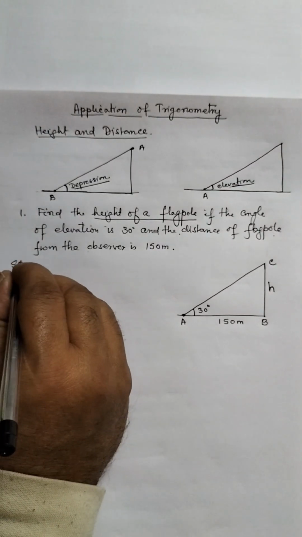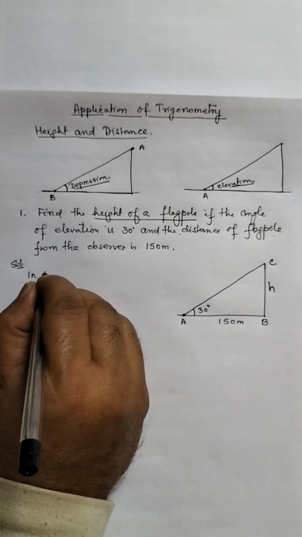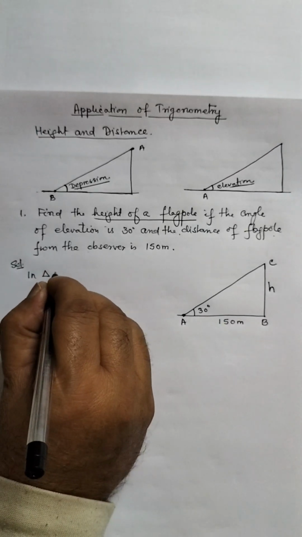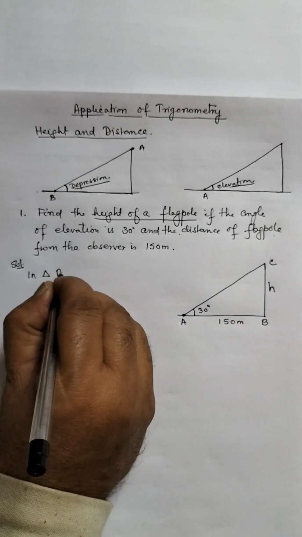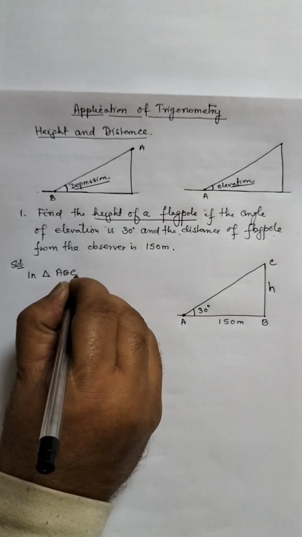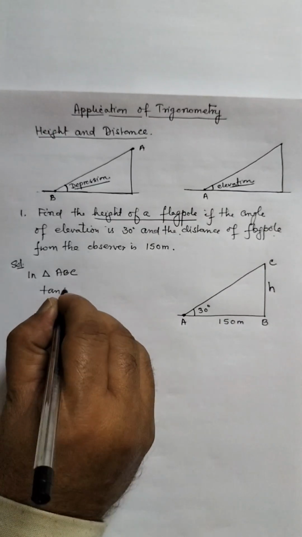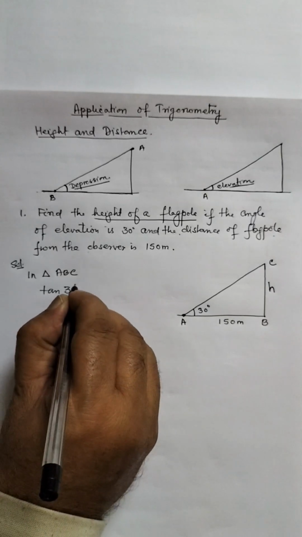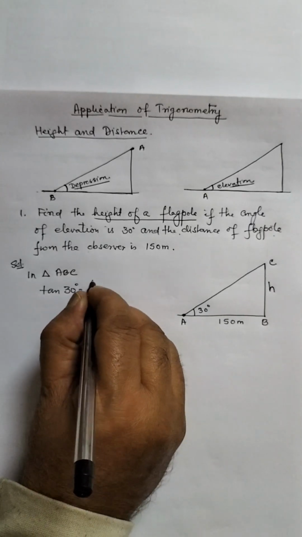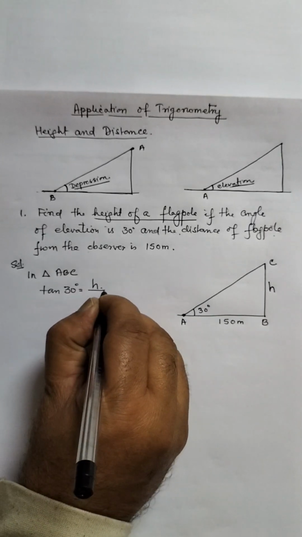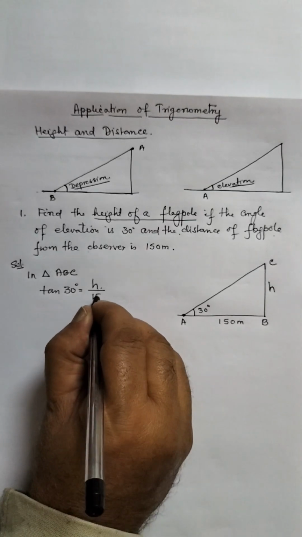Let us solve it. In triangle ABC, tan 30 degree is opposite upon adjacent.